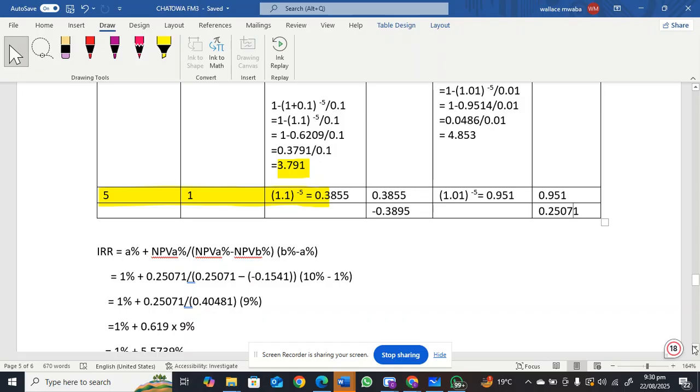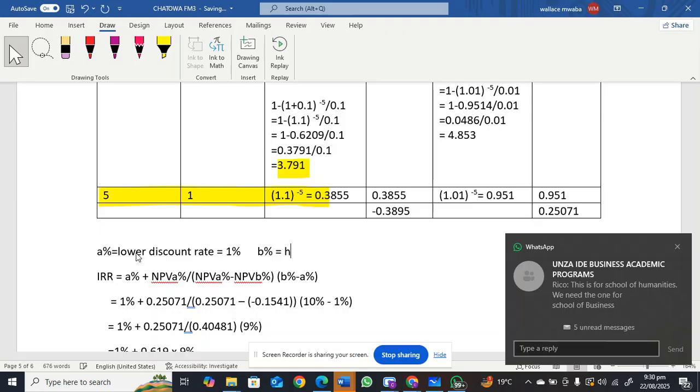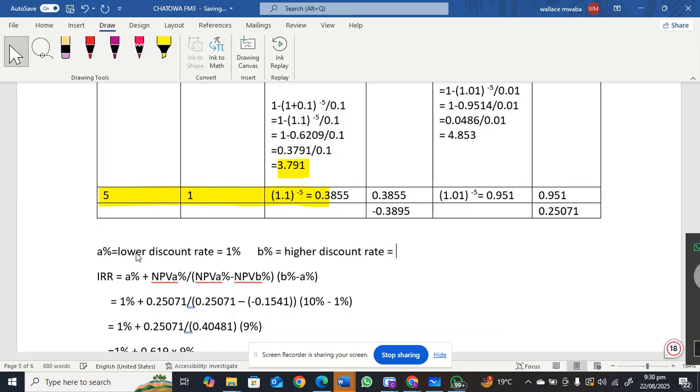Okay, so this is the formula that you need to put. A% is the lower discount rate. In this case, it was 1%. B% is the higher discount rate, which is 10%.